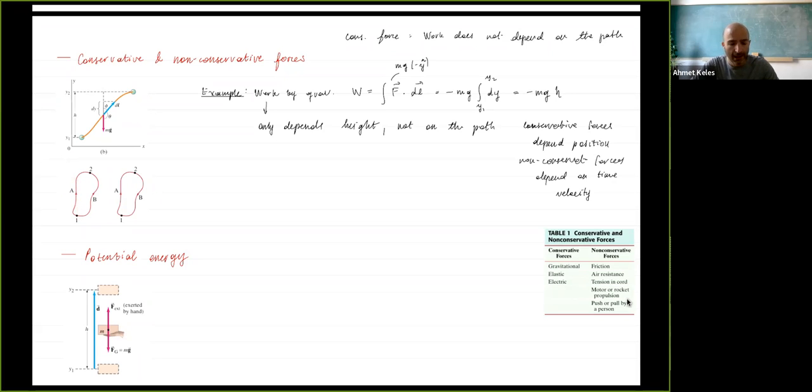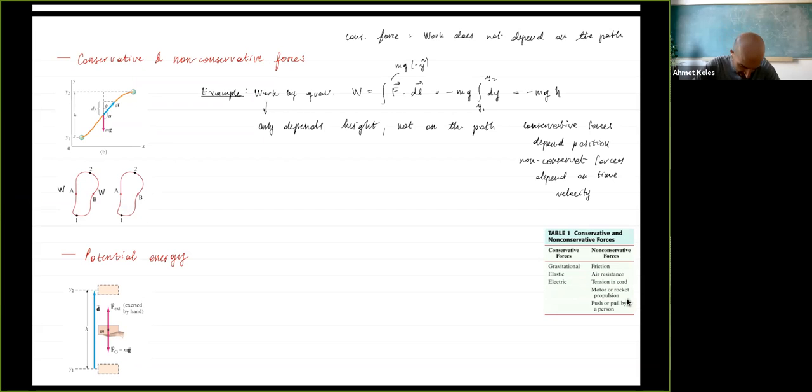Let me say the work done on the object by this conservative force from 1 along path A is some work, uppercase W. Since it doesn't depend on path, I can safely say the work done on the object along path B is also W.